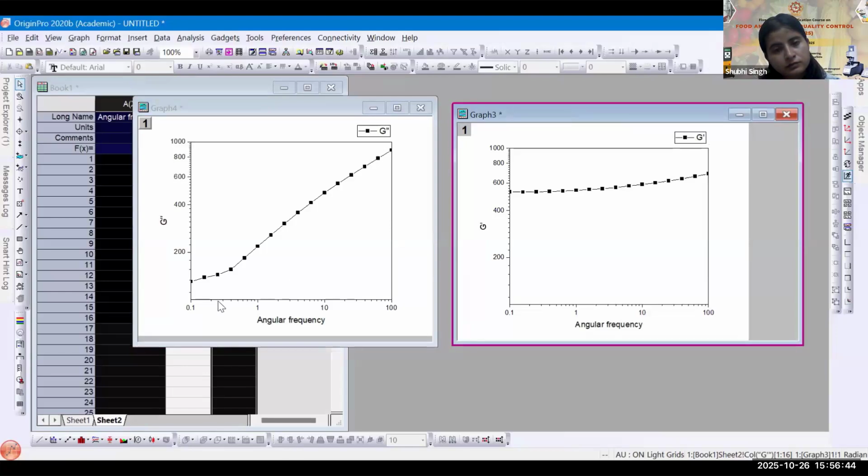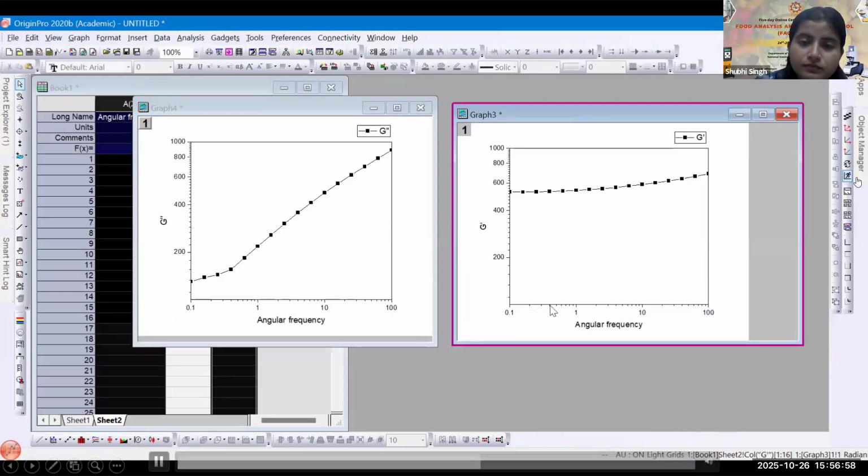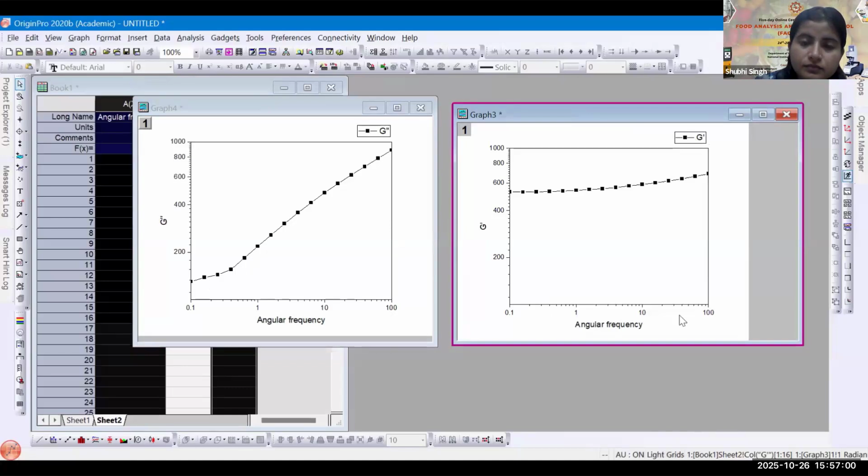As you can see, as we are increasing the frequency, the loss modulus, which is the viscous nature of the material, is increasing. And here we see that for storage modulus, as we are increasing the frequency, the storage modulus, that is the elastic behavior of the material, is also increasing.